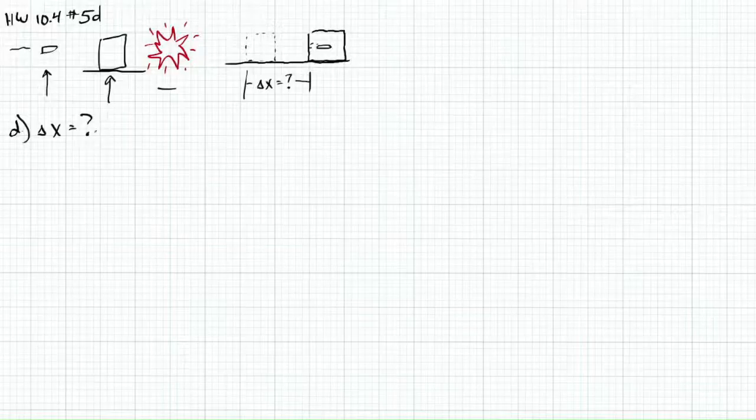So if we think about this, once this bullet-block system is in motion, what is the only force bringing it to a stop? Take a pair of keys or a pencil or your iPhone and slide it across the desktop. Why does it come to a stop? Because of friction.